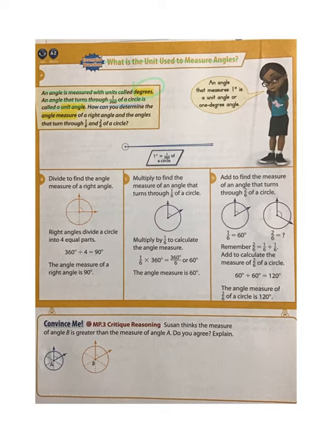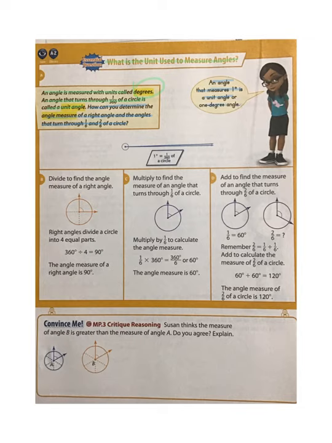How can you determine the angle measure of a right angle and the angle that turns through 1/6 and 2/6 of a circle? We use 360 degrees because a circle all the way around is measured at 360 degrees. We also have to remember that an angle that measures 1 degree is a unit angle, or a 1-degree angle.